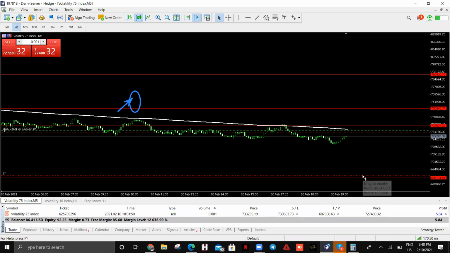As against my stop loss, which when I entered here was around here, about $3.59. So the risk to reward is top notch. The risk to reward is very, very good.